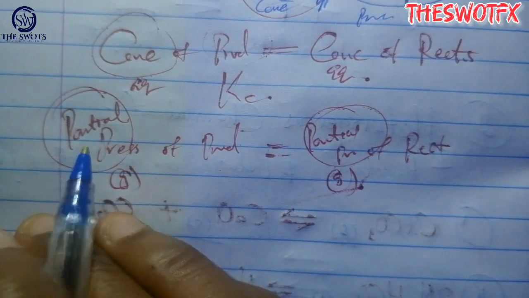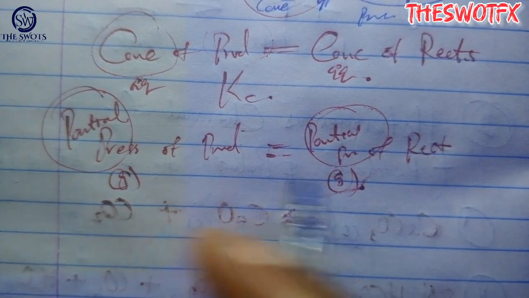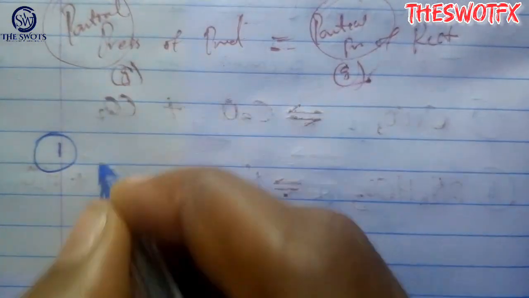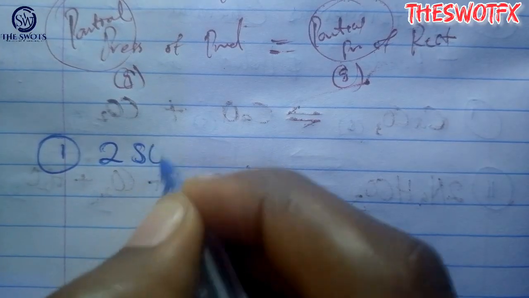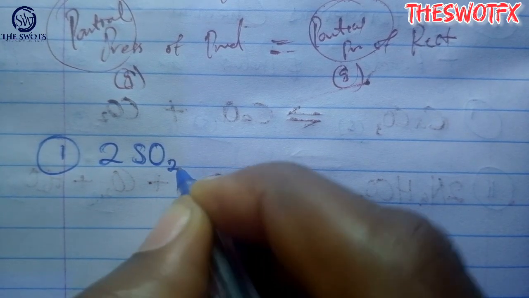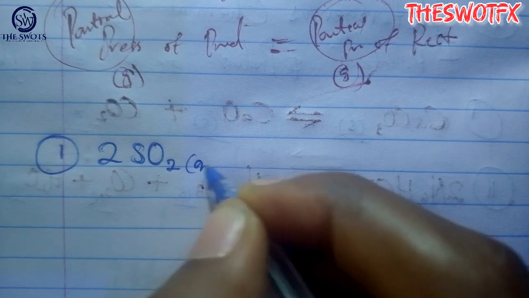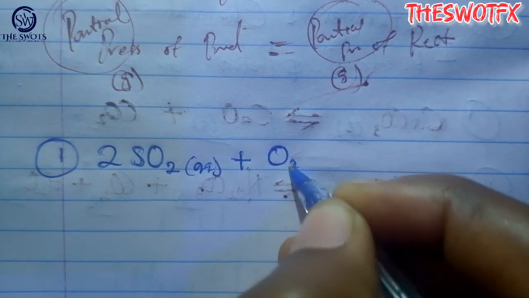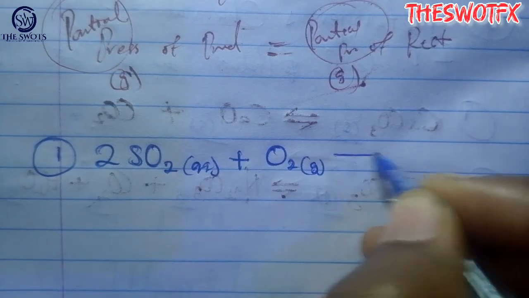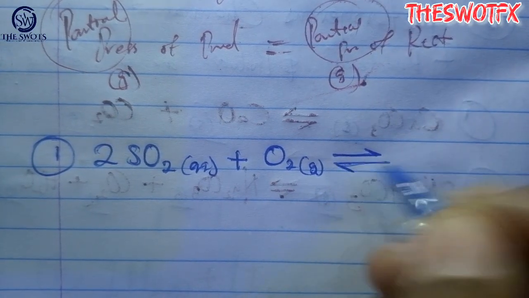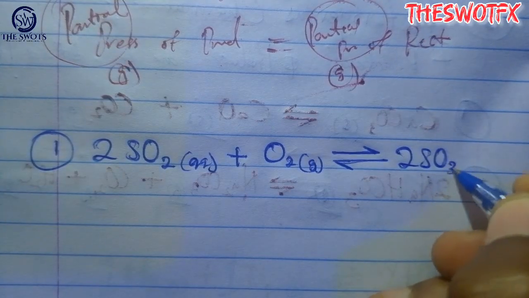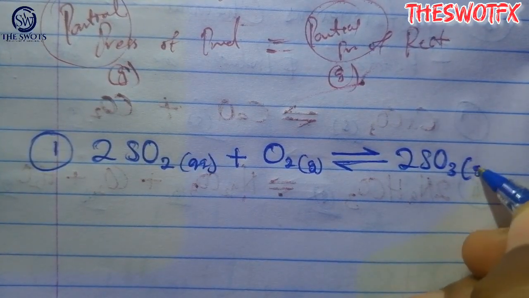concentration constant. For example, you have a question like this: 2SO2 in aqueous form plus O2 in gaseous form, forward and backward reaction, 2SO3 in gaseous form.